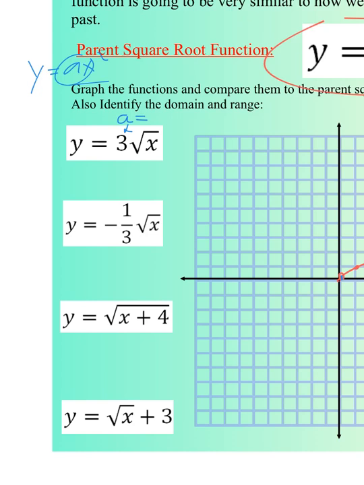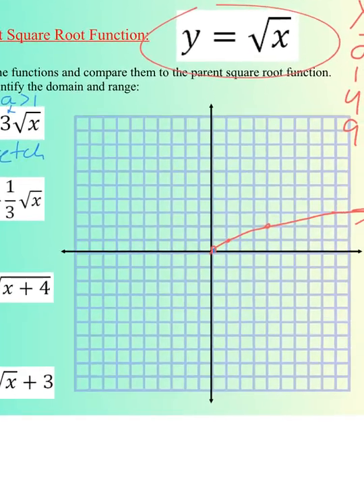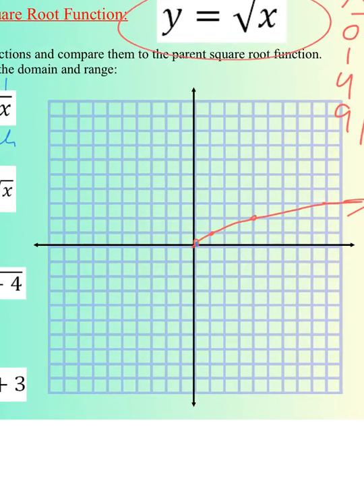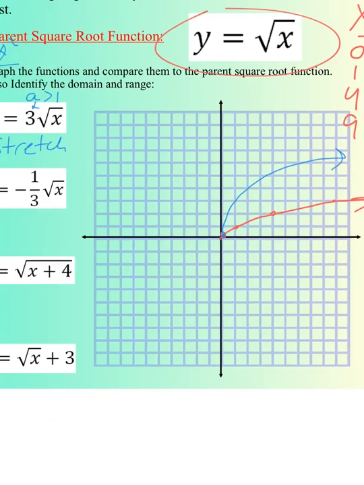When a, and I should actually use an inequality there, and we'll show it on the next page, when a is greater than 1, this is when we had a stretch for a graph. I'm not going to do the whole graph right now. You could plug in a table of values, but I'm just going to make a quick one in general. It's going to be something that stretches vertically above the parent function, right?